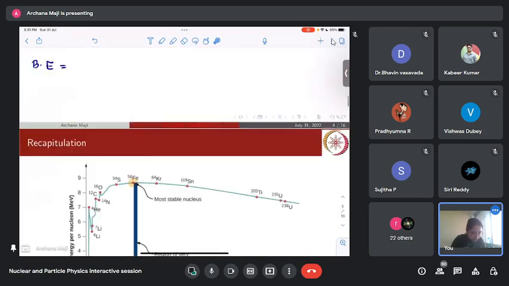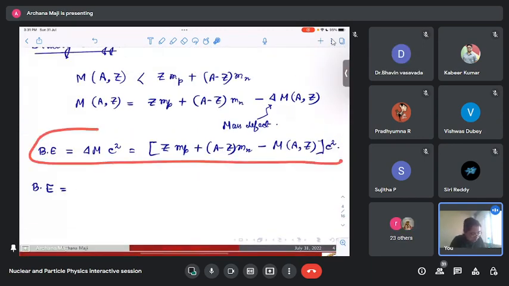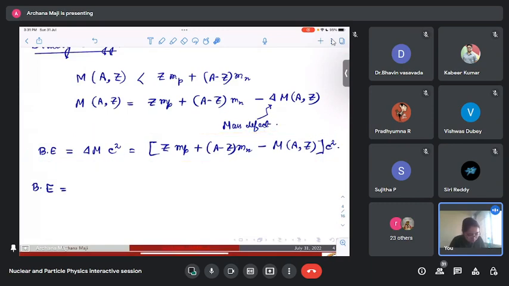Now if you see this expression, look at this one. If I multiply by c squared on both sides, this becomes an energy expression, and this is the binding energy B. If the binding energy is smaller, then the energy of the nucleus is more, and more energy of the nucleus would mean the nucleus is getting unstable, because every physical system wants to be in the lowest energy state.